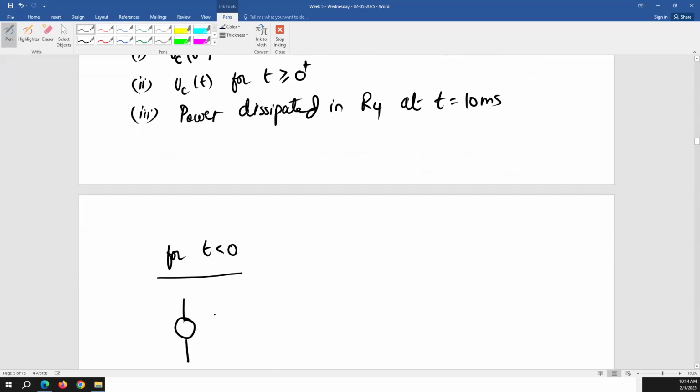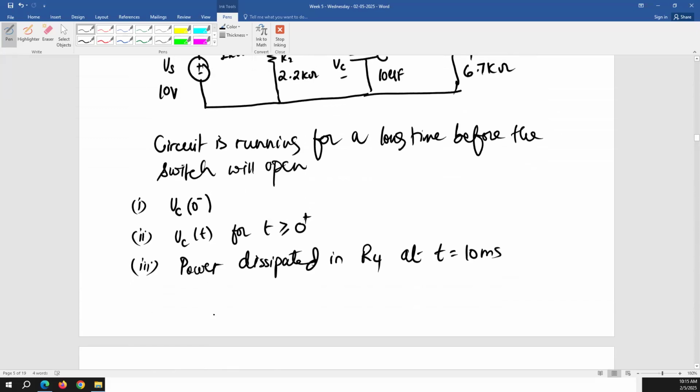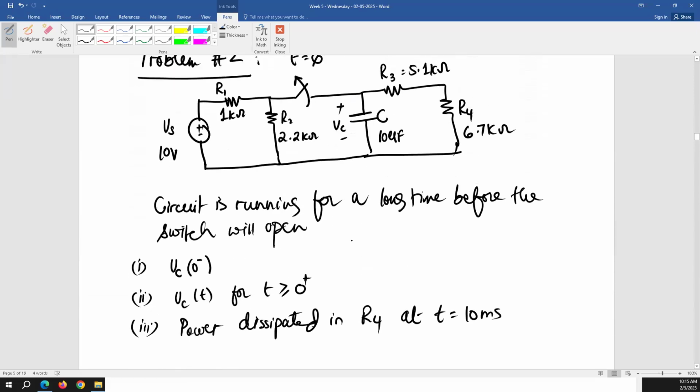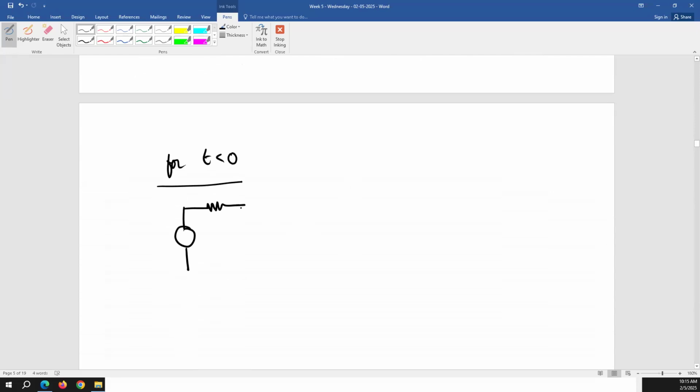I'm redrawing it. You don't have to redraw, by the way, but it is good if you redraw to show that this is the circuit before the switch opened up, t is less than 0. The value of capacitor voltage that you're calculating is from this circuit. So that's what I'm going to do right now.